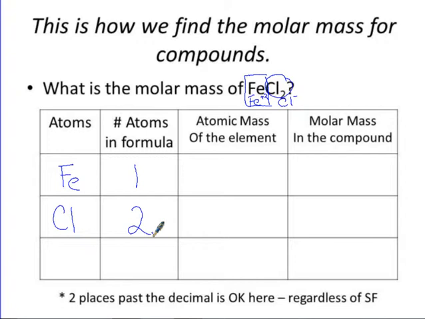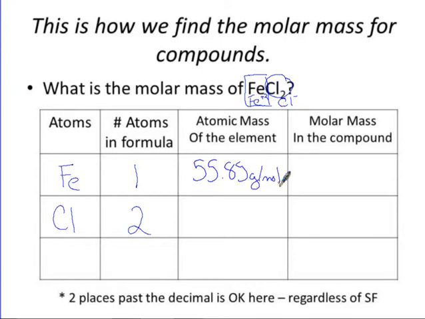And then we go ahead and look at the atomic mass of each element. For iron, if we go to the periodic table, iron has an atomic mass of 55.85 grams per mole.